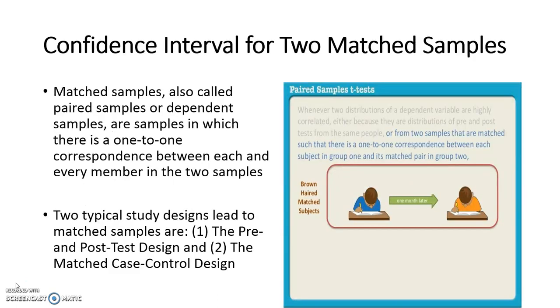First, we talked about matched samples, also called paired samples or dependent samples. They are samples in which there is a one-to-one correspondence between each and every member in the 2 samples. And 2 typical study designs that lead to matched samples are the pre- and post-test design and the matched case control design.